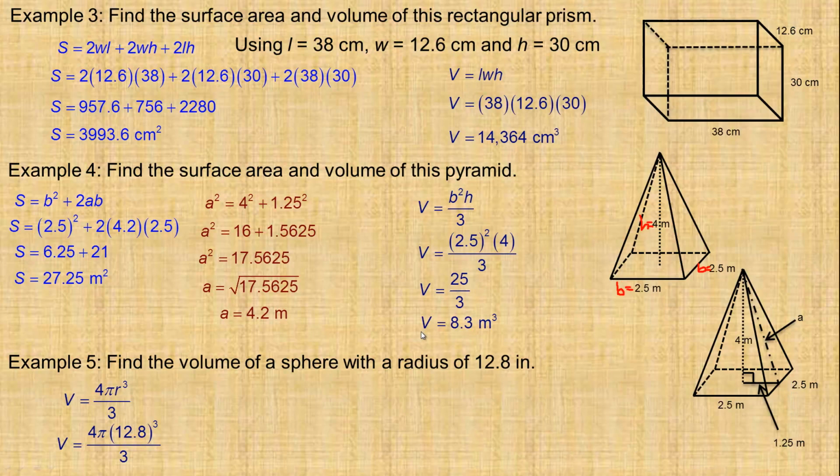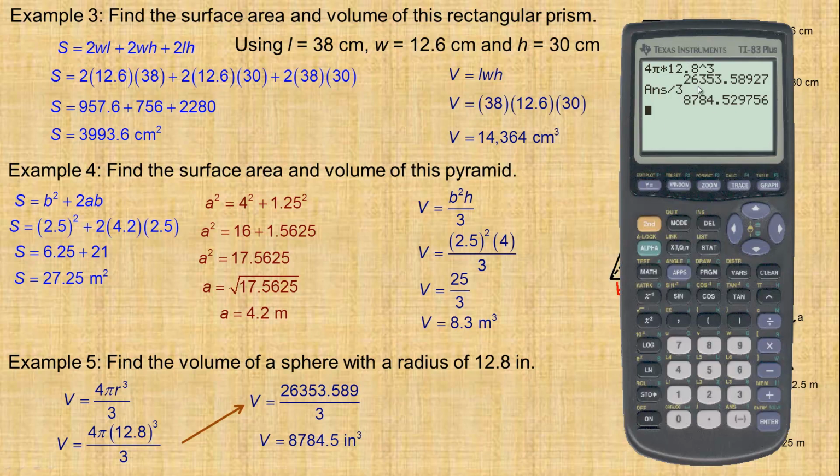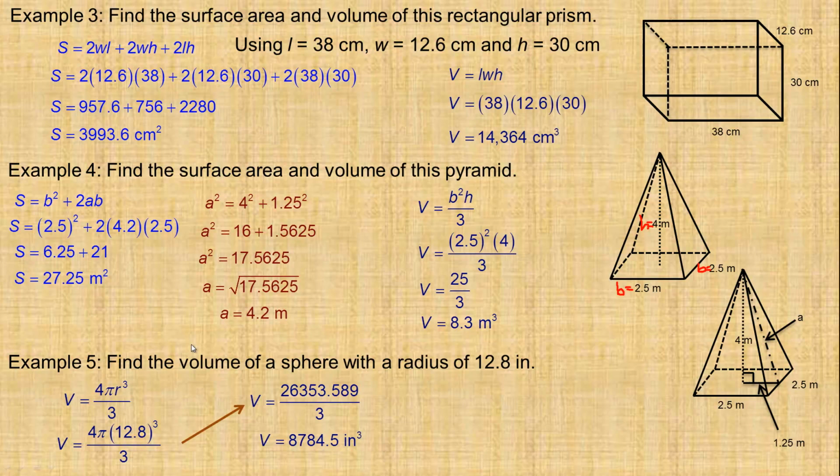Maybe we'll move this over here a little bit. So there's my 26,353.589 number, etc. Divided by 3, we get 8784.5. And since this was in inches, the volume would be in cubic inches. Okay, inches cubed. And that is the end of the tutorial.